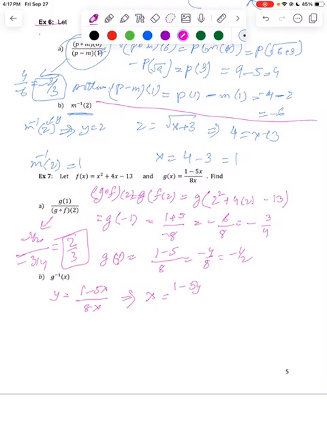What do we do next? We cross multiply. So we get 8xy equals 1 minus 5y. Now bring the y terms on one side. So we end up getting 8xy plus 5y equals 1.